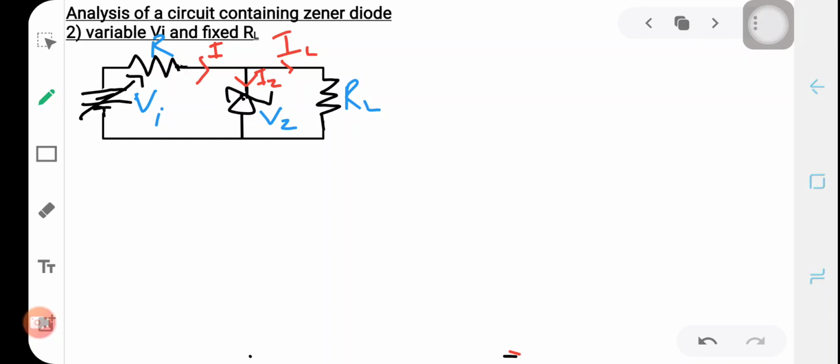Now we want to calculate two conditions: what will be the minimum value of the input voltage for which the zener is in the on state, and what will be the maximum value of the input voltage which keeps the zener in the on state.